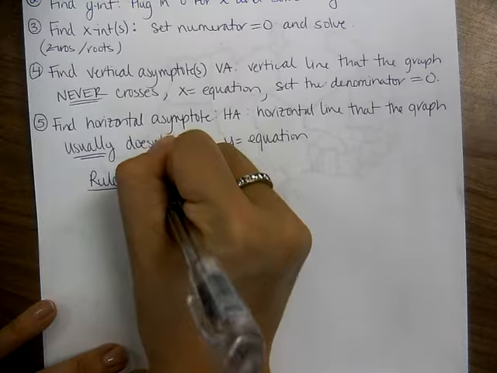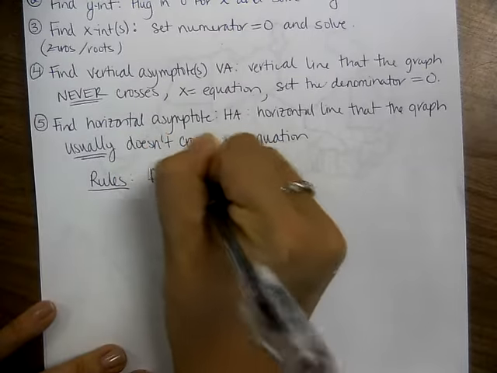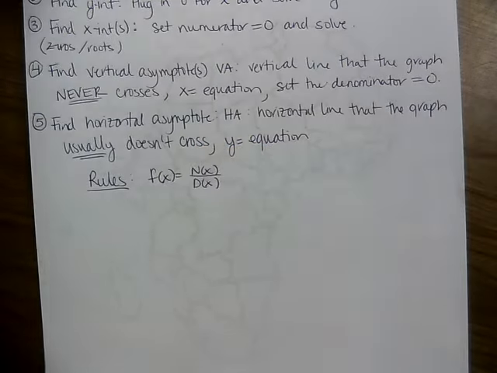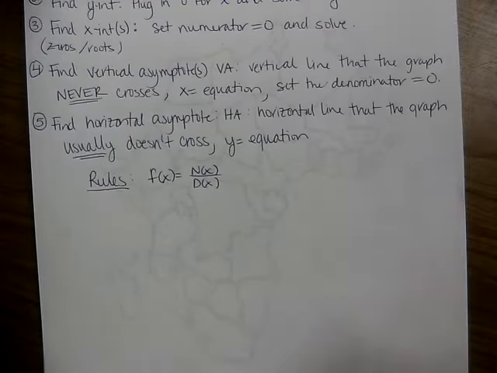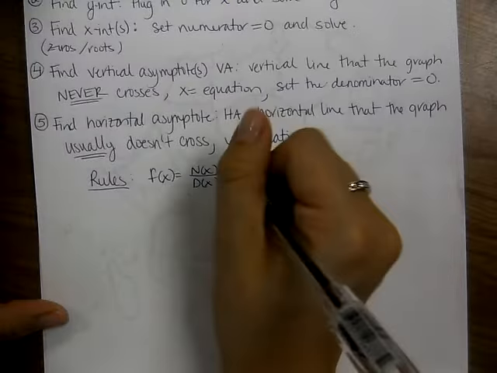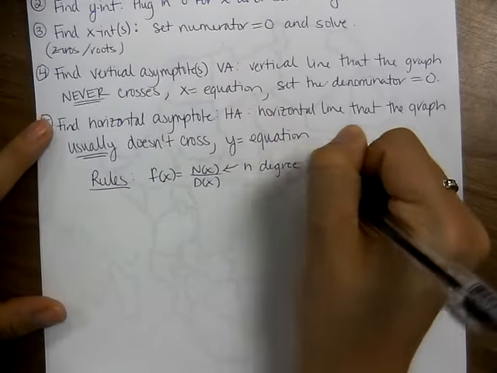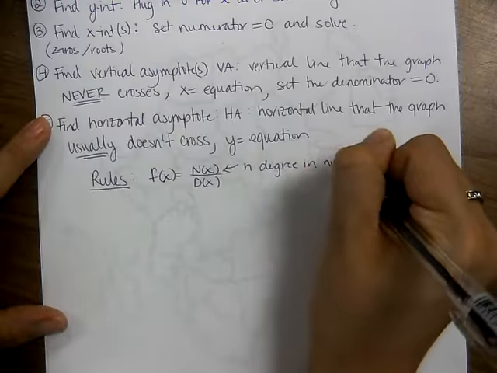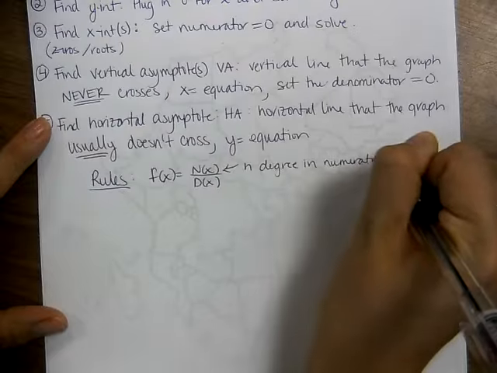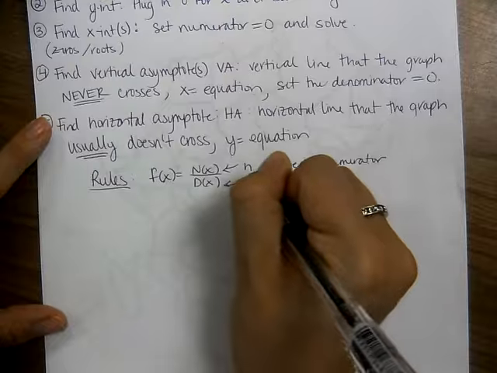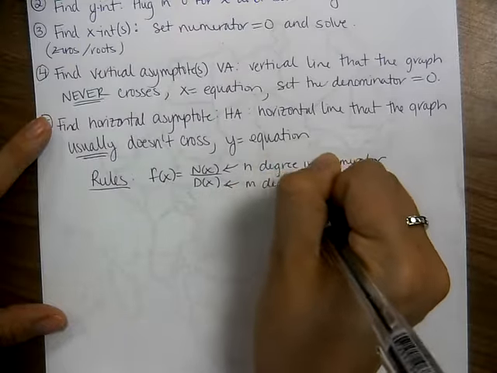For f of x equals n of x over d of x, you have some polynomial in the numerator, some polynomial in the denominator. What you're going to do is look at n, which is the degree in the numerator, and compare it to m, which is the degree in the denominator.